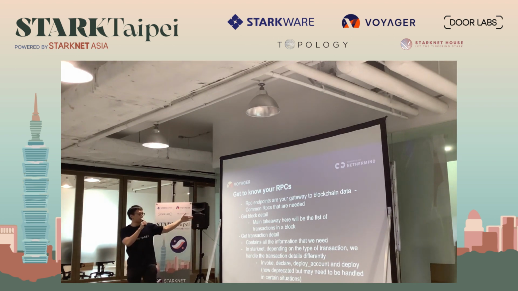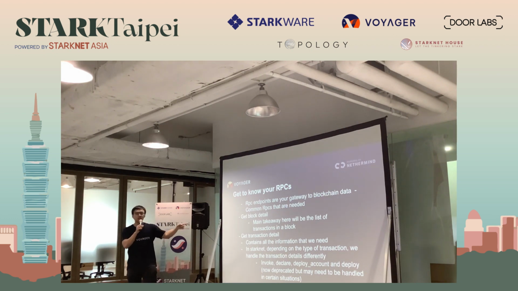Over here, I have included two very commonly used RPCs. Most blockchains, such as Ethereum and Starknet, you have to get block details. That means this RPC will return the block information. And more importantly, you want to know the list of transactions available in the block. This RPC will generally return you the list of transaction hashes.